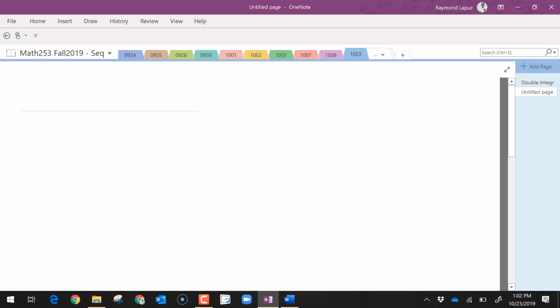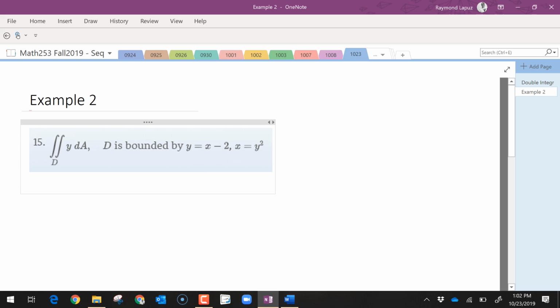So sometimes you might be able to write your integral in a couple of different ways.